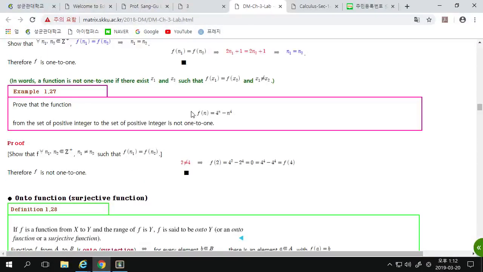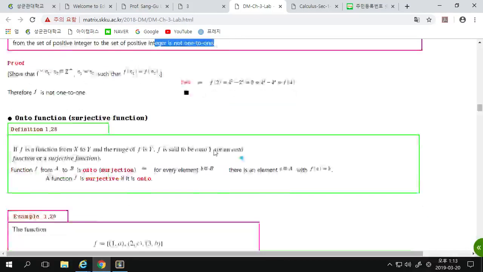Like this: f of n is equal to 4 to the n minus n to the 4. If we choose n1 and n2 as 2 and 4, then f of 2 and f of 4 are the same, but 2 is not the same as 4. So there exist x1 and x2, 2 and 4, that satisfy this. So it is not one-to-one.